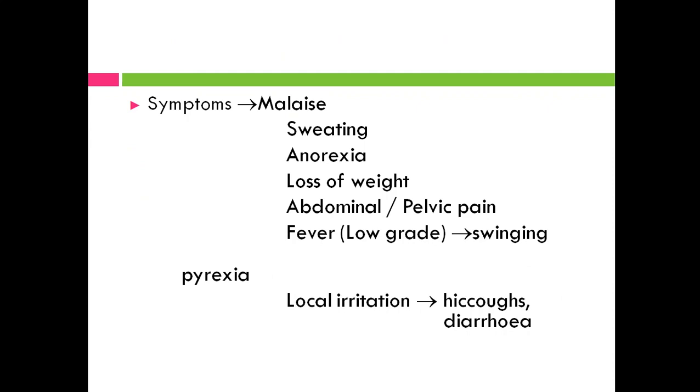The patient will be having malaise, sweating, anorexia, loss of weight, abdominal pelvic pain, and low-grade swinging fever. And sometimes because of the local irritation, especially when you have a subhepatic or a subphrenic collection, the patient can have irritation of the phrenic nerve resulting in hiccups. Because of the irritation of the colon, it may lead to profuse mucus discharge leading to diarrhea.